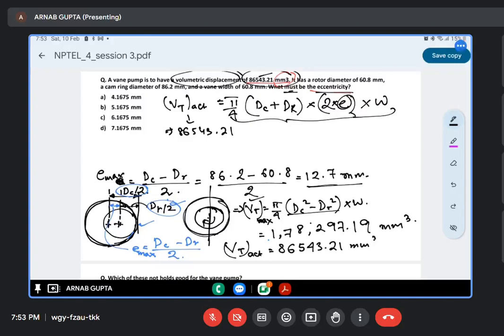86,543.21 multiplied by 4 divided by pi, divided by dc plus dr. So that's 60.8 plus 86.2, divided by 2, divided by W. W is 60.8.